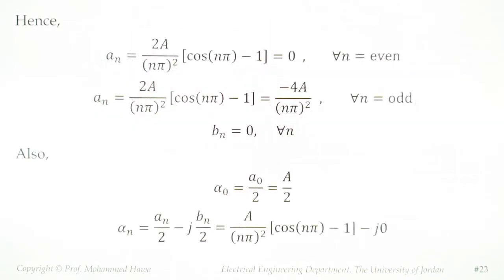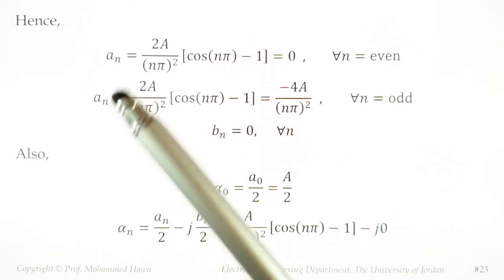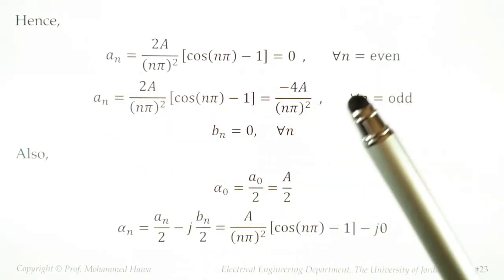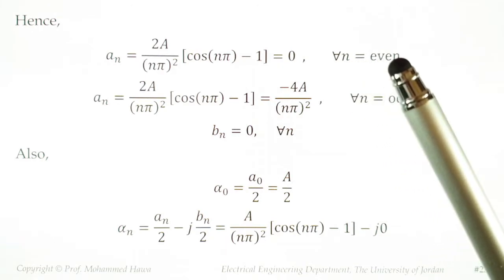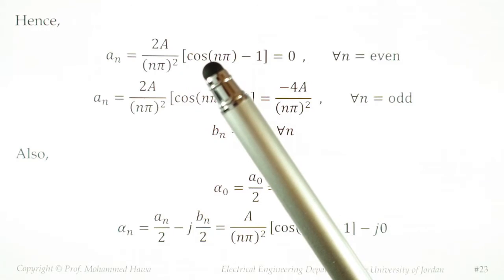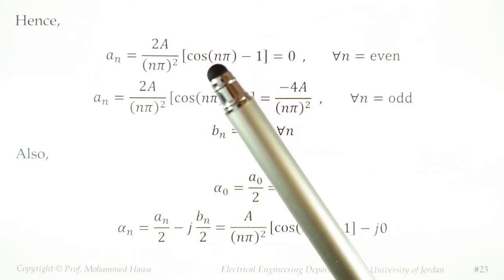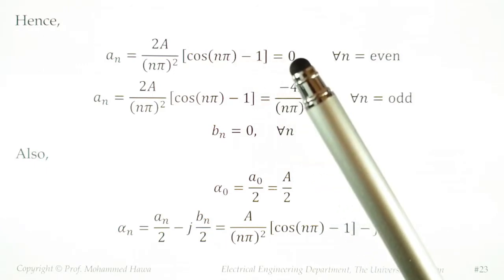To give an even more detailed answer, I could substitute for n in the answer for n equal even and n equal odd. Notice that if n is equal even, 2, 4, 6 and so on, you get cosine 2 pi, cosine 4 pi, cosine 6 pi, and that's equal 1. 1 minus 1 cancels out, you end up with 0.